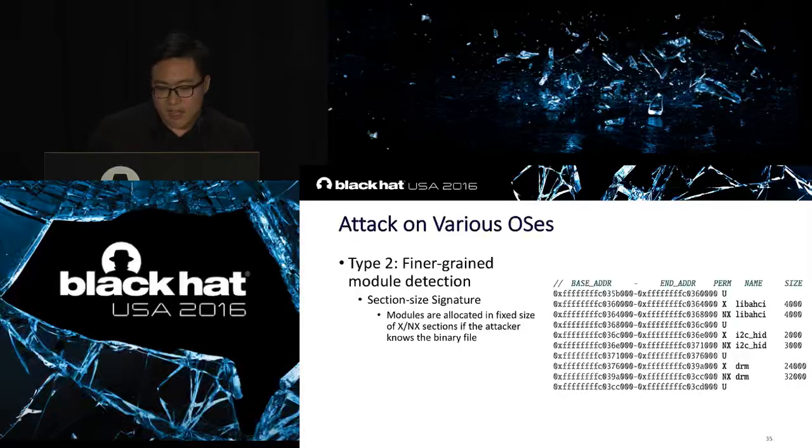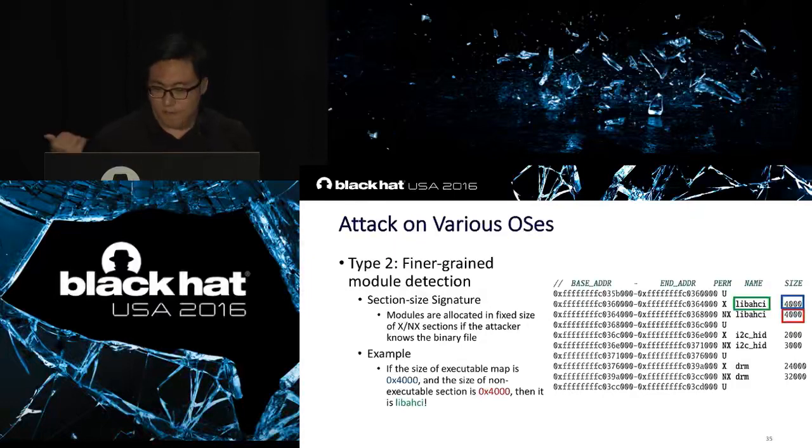An interesting observation is that on both Linux and Windows, a module and driver are always allocated with a fixed size for the sum of the sections in the binary. So if we can get the binary and look into its non-executable and executable sections, then we can easily create size-based signatures.